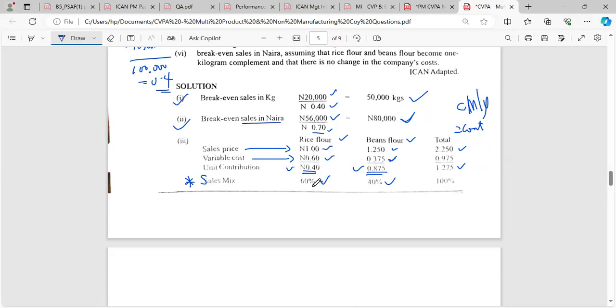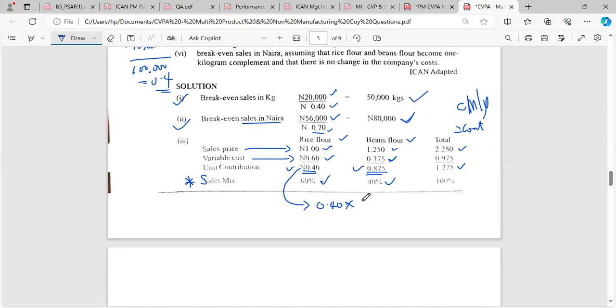Now let us do it this way. I want you to understand it this way because of practice. If you tell your boss that, sir, if you sell 1 cup of beans, we are making a contribution of 0.40, your boss will say, okay, multiply by how many cups do you think that we are going to sell in a month?